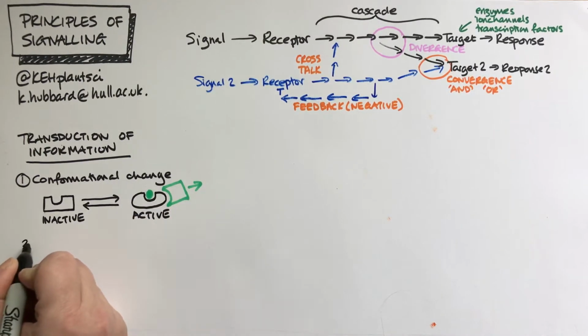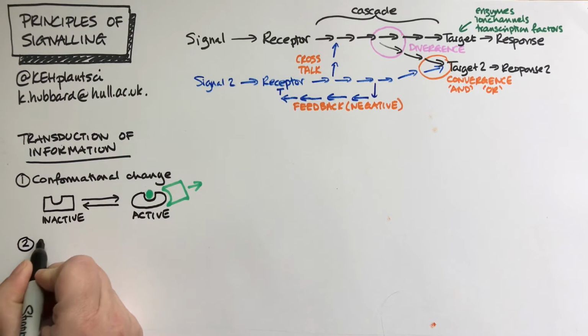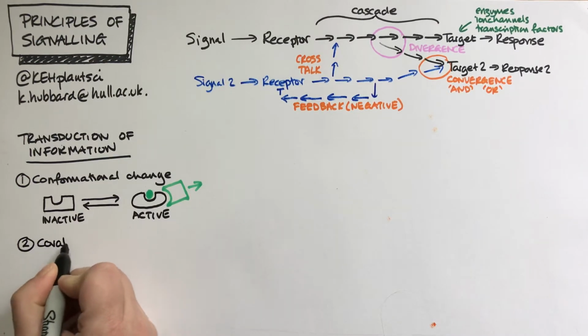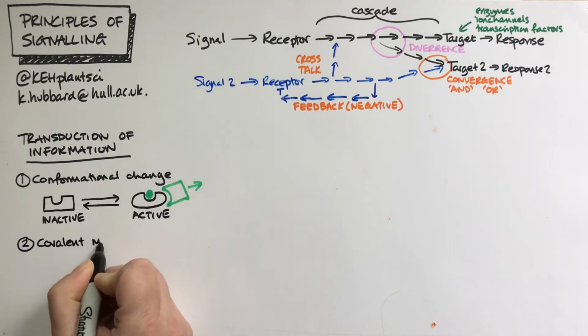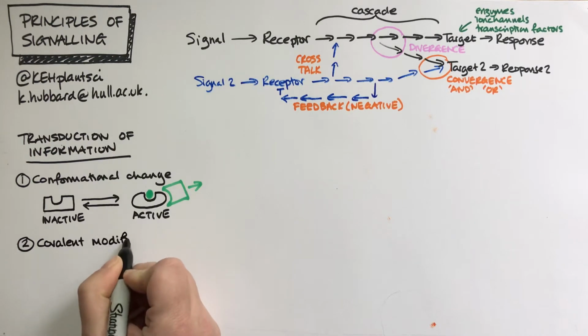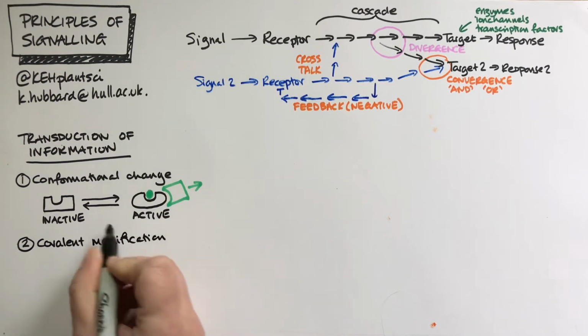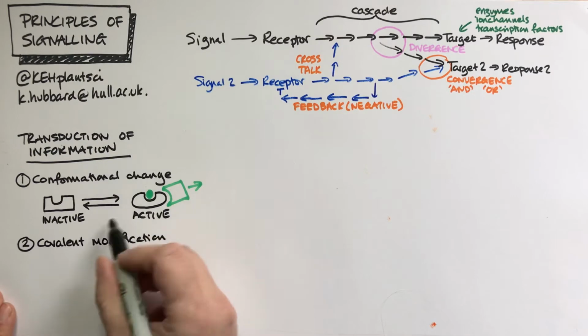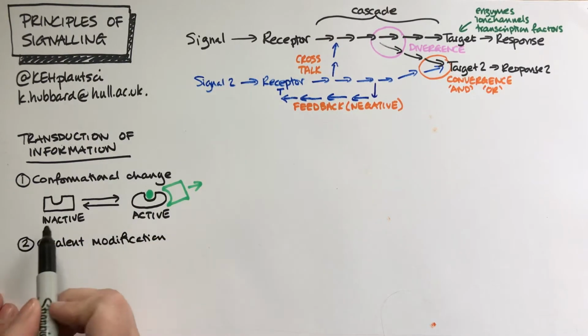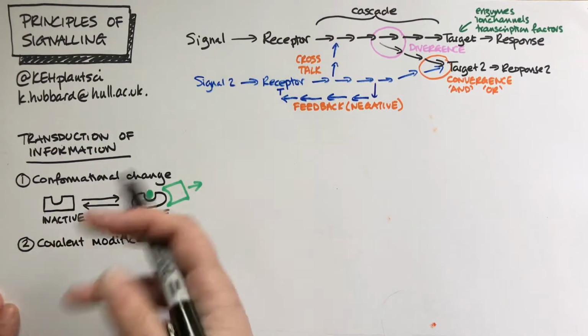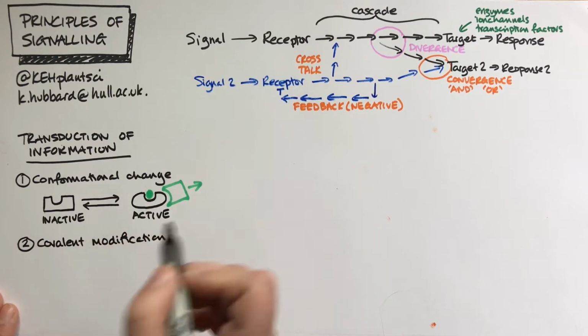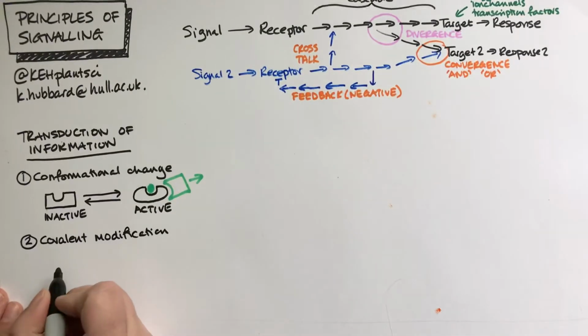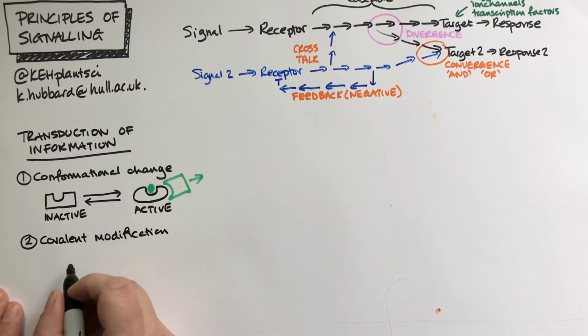The other major strategy we have is covalent modification. So the first one was just the shape change of the protein, but chemically it was the same thing, it just changed its shape. With covalent modification, we actually change the chemistry of the target a little bit.